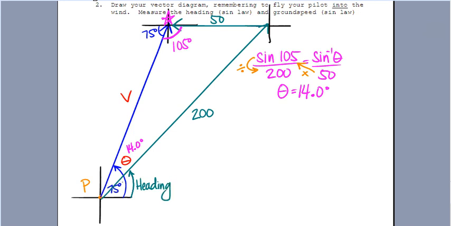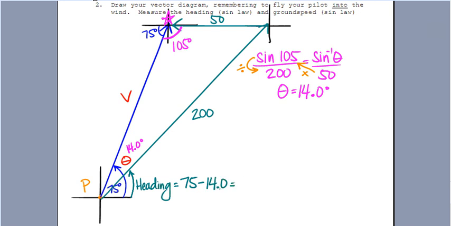We know the track is 75. We're actually going to have the plane move along the blue line. But we have to know at what direction to point the nose of the plane, which is the green line. And you can see here that 75 is to this blue line, and then we've actually cut through the 75. We've backed off a little bit. So that means our heading is going to be the 75 minus 14.